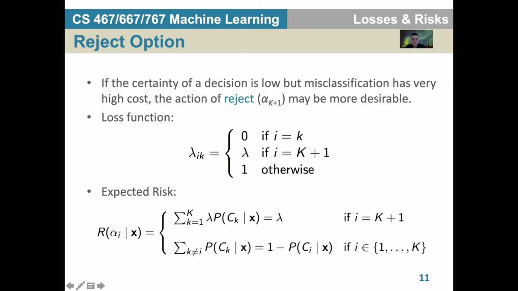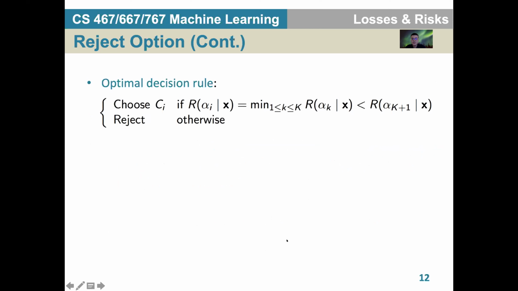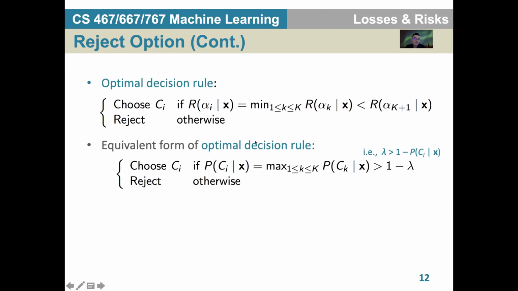On the other hand, if you take a rejection, your R is lambda, right? So you basically are comparing this lambda with this 1 minus P, okay? So you only choose class i if lambda, which is the penalty for the rejection, is larger than this, right? So if you adjust a little bit, you will see that P of class i comes to here and is larger than 1 minus lambda. You move lambda to the right, move P to the left.